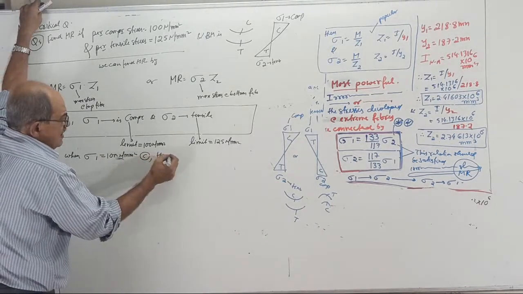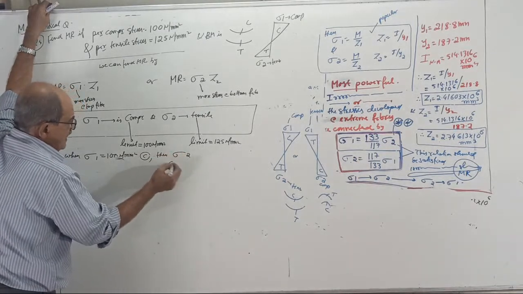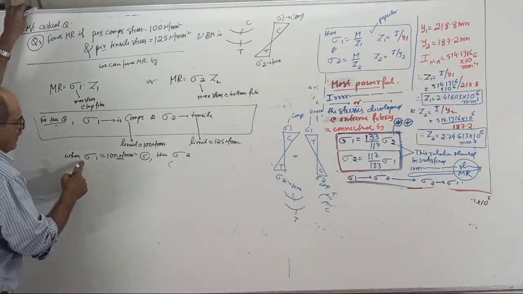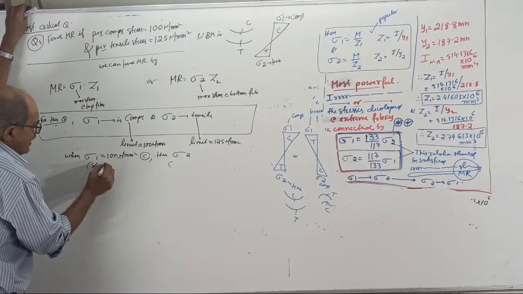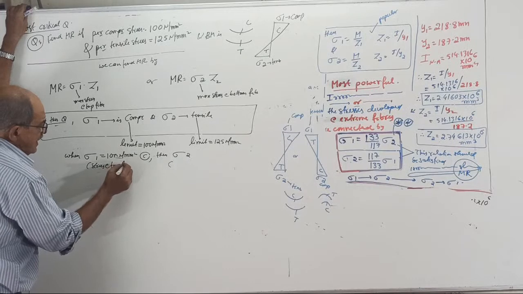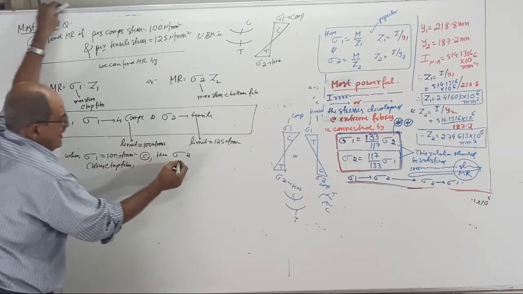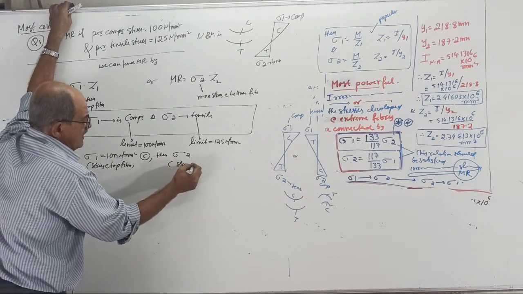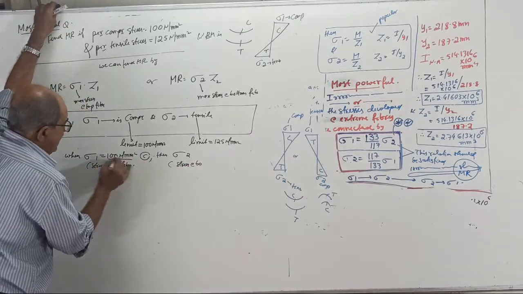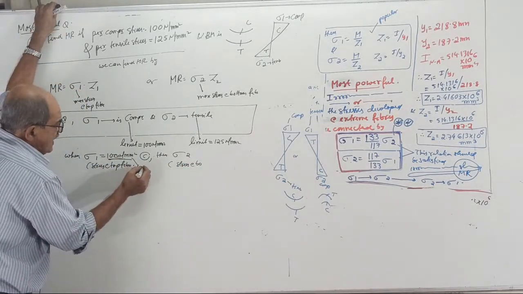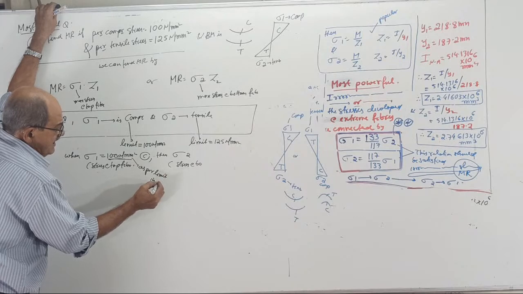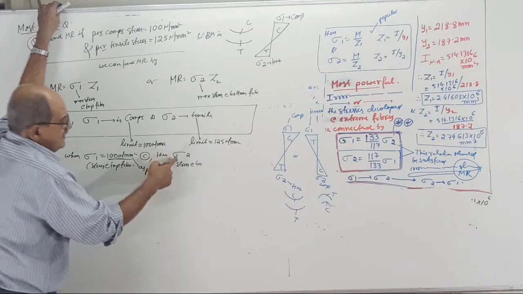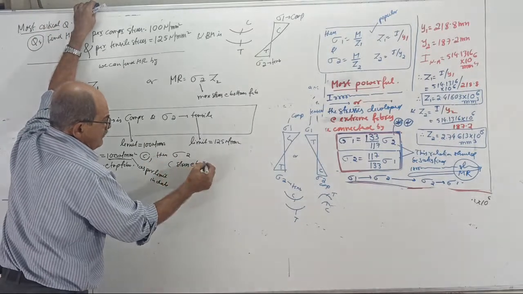Then sigma 2 is the stress at the bottom fiber.